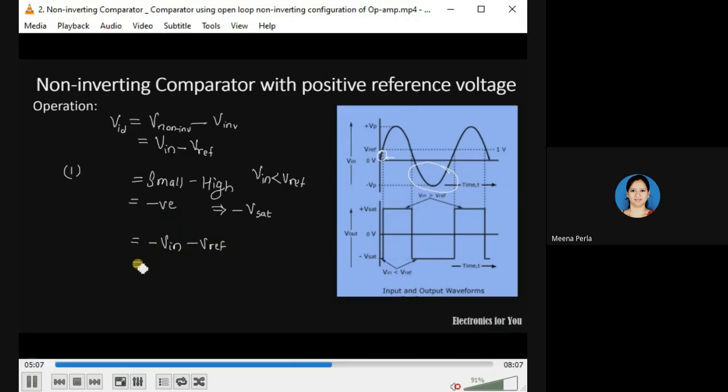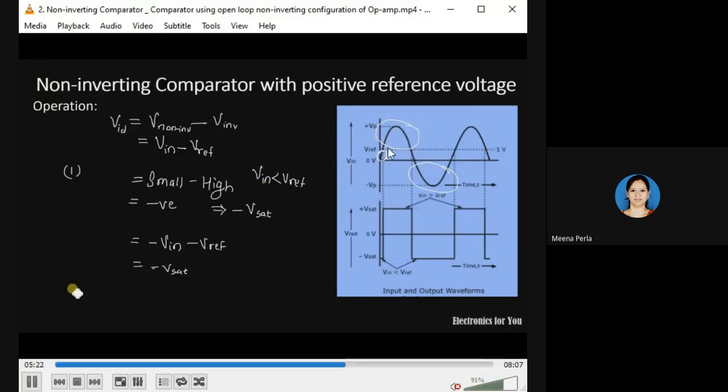Even if we apply some small value here, two negative values will be added, and therefore the output will be in negative saturation. So definitely the output will be negative here.